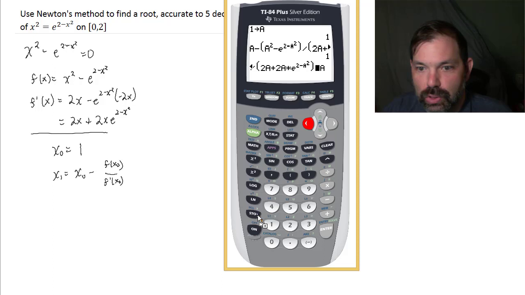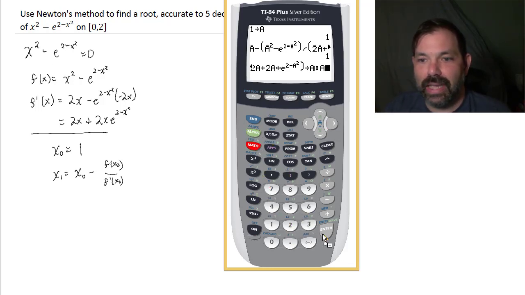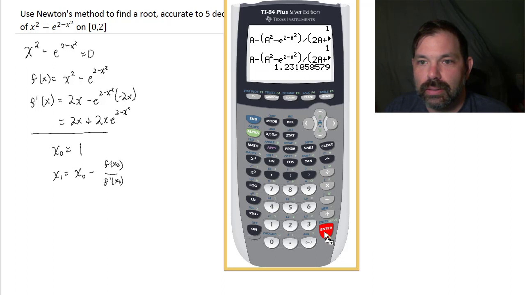So let me store as a. And now, alpha colon alpha a. Okay, because now this should be right. This should give me 1/2 if I did this correctly. Okay, close to 1/2. All right, so that fixes the issue.